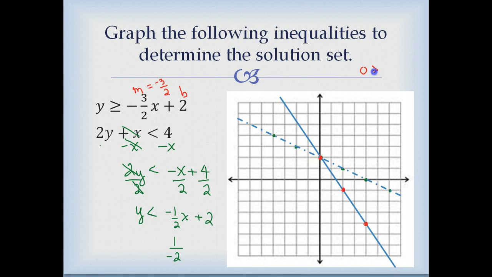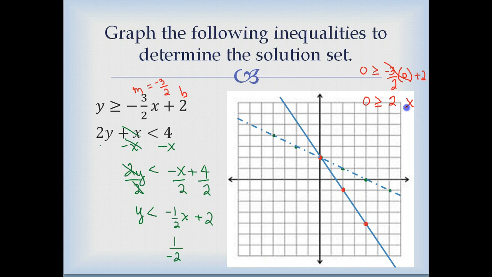So I have 0 is greater than or equal to negative 3/2 times 0 plus 2. 0 simplifies to 0. Can't do anything with that. But here, when you multiply, all of that goes to 0. So you have 0 is greater than or equal to 2, which is false, right?